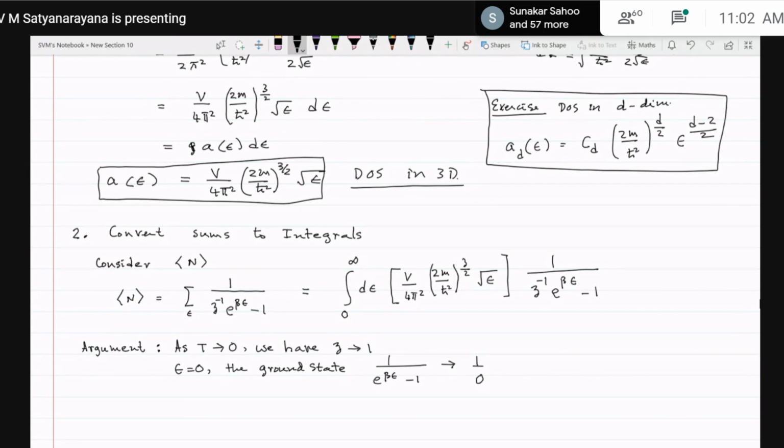Whereas our root epsilon is also equal to 0. So for epsilon equal to 0, we have an indeterminate form, something like 0 divided by 0. So this is a little inconsistency there in mathematics.